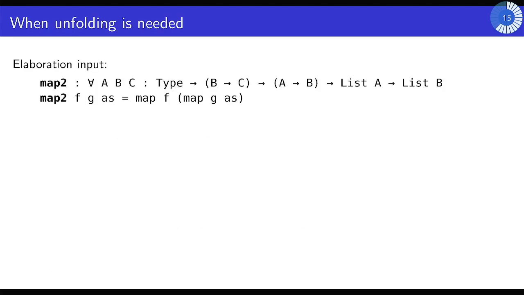And so this is an example for when we actually do want to unfold something during elaboration. You can see here that the elaboration input is just some call to two map functions in some kind of Agda-like syntax. And the way that Agda works is that these map functions have some implicit arguments, and the implicit arguments will be top-level definitions.